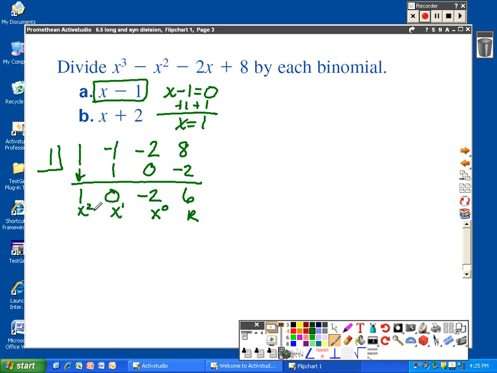So my result of dividing x minus 1 into x cubed minus x squared minus 2x plus 8 is 1x squared plus 0, so I don't write that, minus 2x to the 0, which is minus 2, plus 6 over my divisor, which was the factor x minus 1. That is my resulting polynomial.